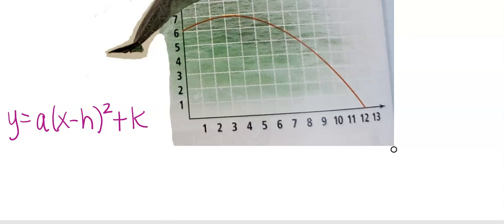So when I'm looking, it looks to me like the vertex is right here. Is that where you guys are thinking it is? Because you're looking for that point where if I folded it in half and actually put this axis of symmetry in there, would it look the same on each side? Okay, so that point is 3, 7. So where do I put those numbers in? H and K. So here's what it looks like so far.